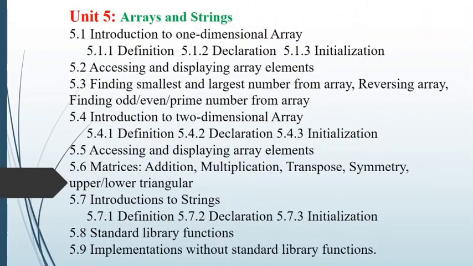The next chapter, unit 5, is array and string. Unit 5 contains introduction to one-dimensional array, having definition, declaration, and initialization. 5.2, accessing and displaying array elements, finding smallest and largest number from array, reversing array, finding odd, even, prime numbers from array. 5.4, introduction to two-dimensional array, having definition, declaration, and initialization.